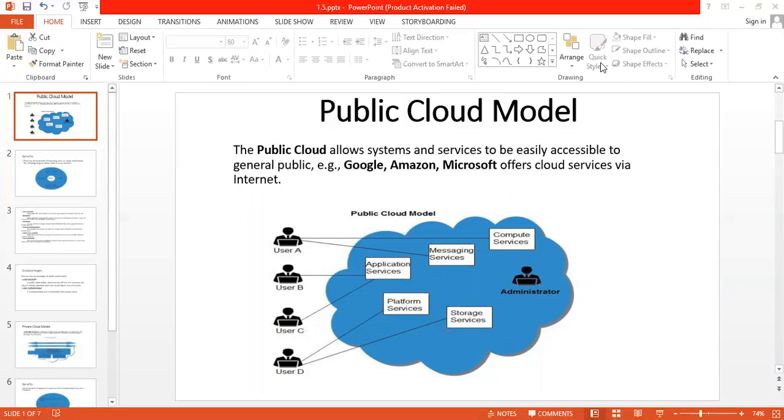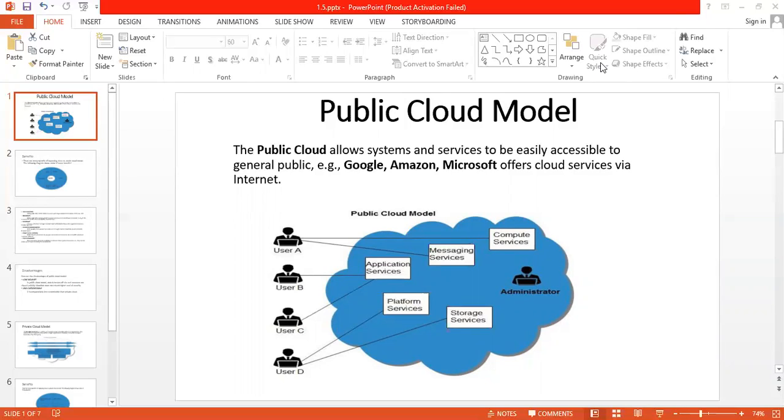So, public cloud model. This allows the systems and services to be easily accessible to the general public. For example, Google, Amazon, Microsoft offer cloud services via internet. Before this also we have seen what is meant by public cloud.